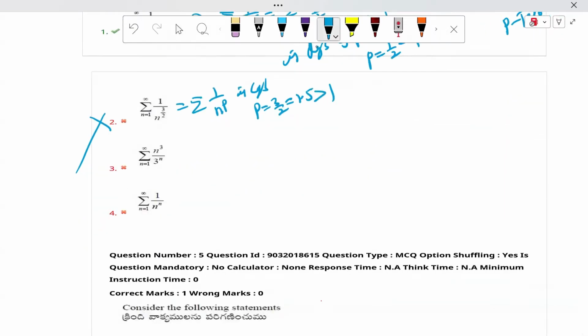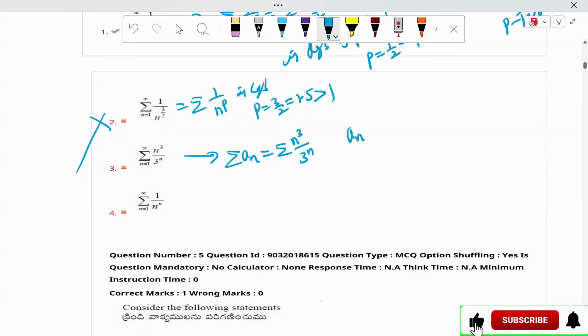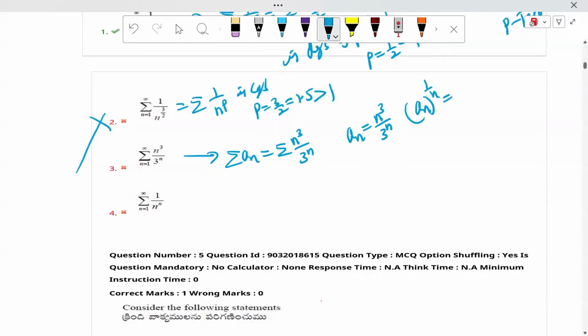Here the series is in the form of summation an, where an is equal to n^3 by 3^n. We know that this is the nth root test, because it involves the nth root. So (an)^(1/n) is equal to (n^(1/n))^3 by 3.